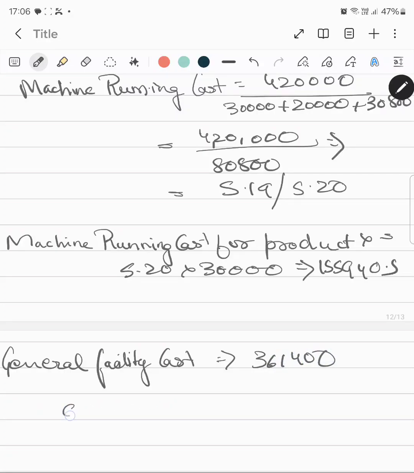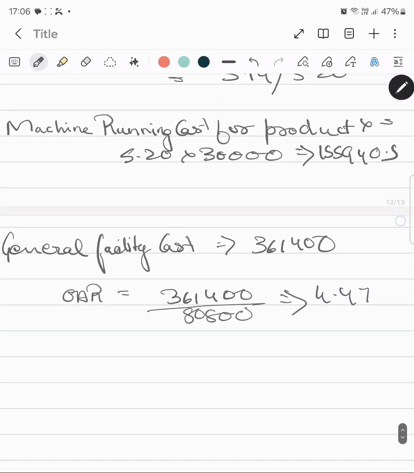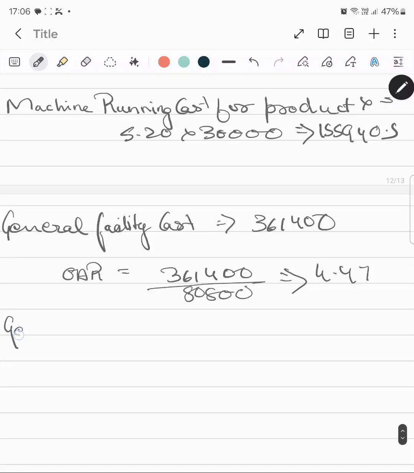So the absorption overhead rate would be 3,61,400 divided by 80,800, that is 4.47. And so the general facility cost would be this much.